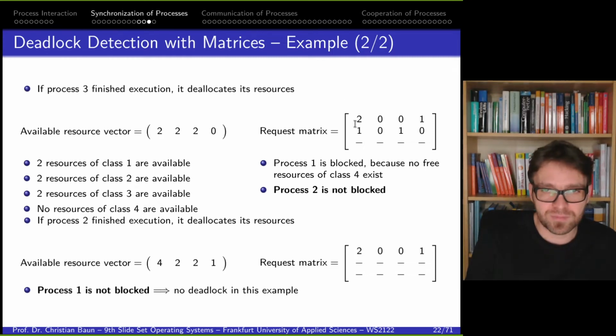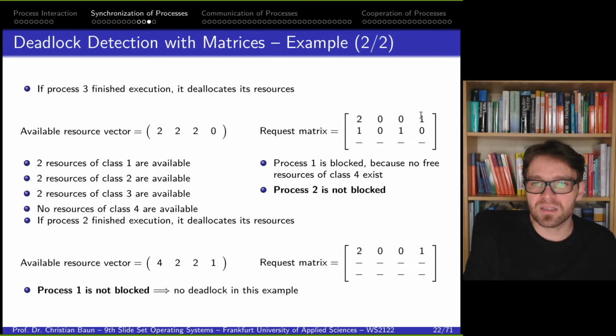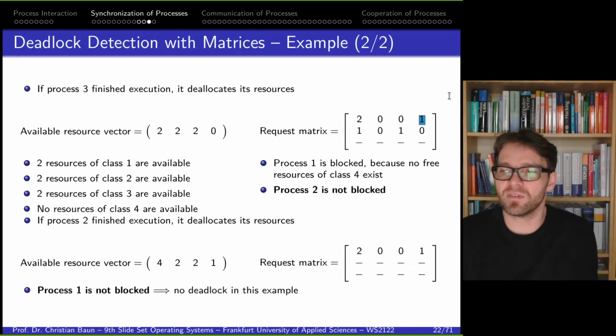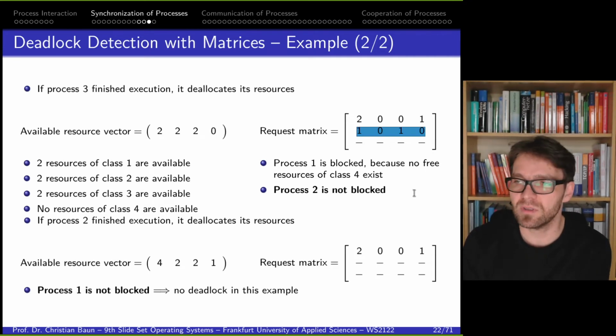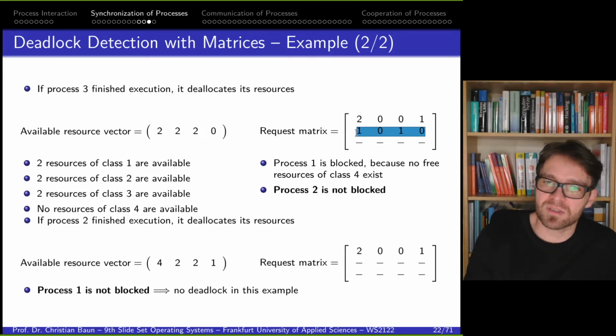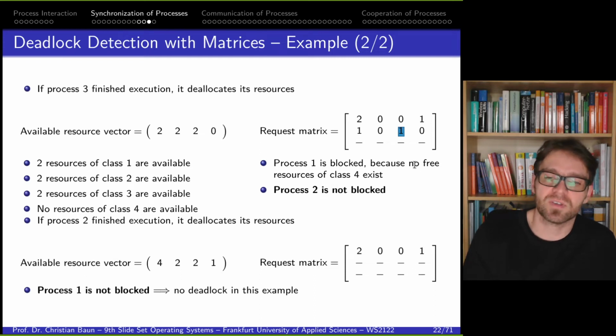And the first process, no, it cannot successfully continue to run because it still needs 1 resource of category 4 or class 4, and we don't have this available now. Process 2 looks better. It just requires one resource of category 1 and one of resource category 3, and that's fine.